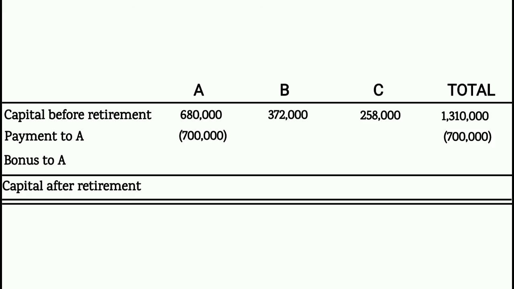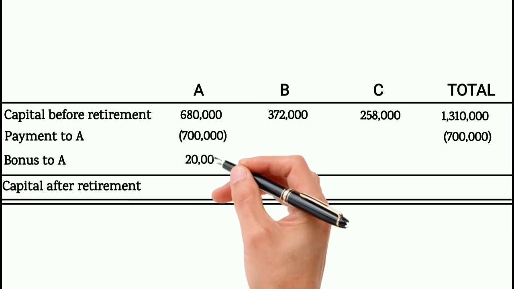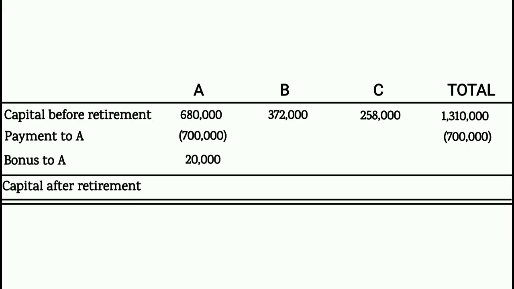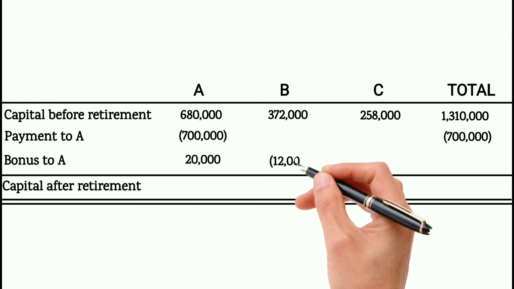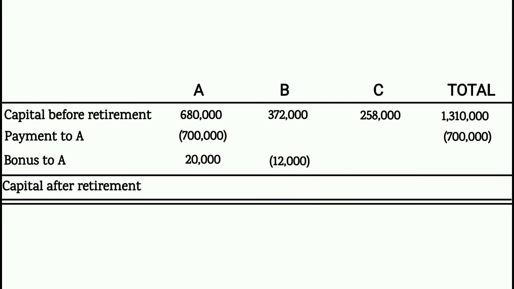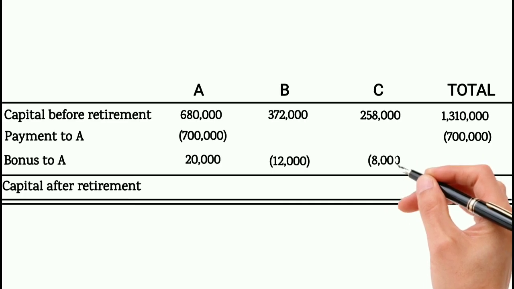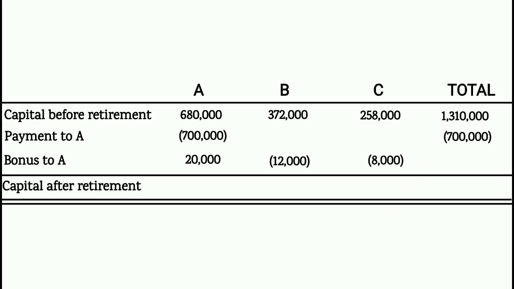Of course, yung bonus to A na 20,000 pesos, i-add natin sa capital ni A. Since dinebit natin kanina yung 12,000 pesos, i-deduct natin sa capital ni B. At since dinebit natin yung 8,000 pesos kanina, i-deduct natin yung 8,000 pesos sa capital ni C. At this point, pwede na nating makompute yung capital balances ng partners after retirement.